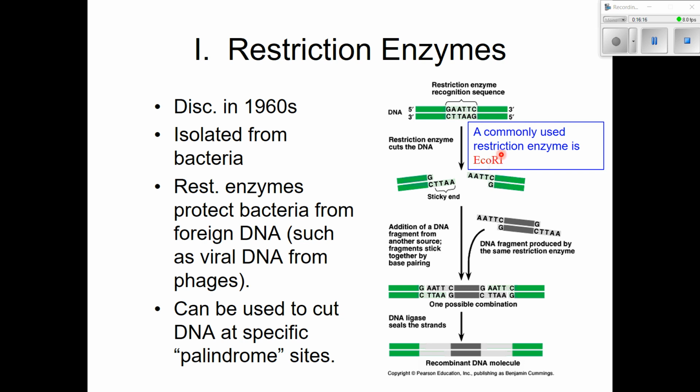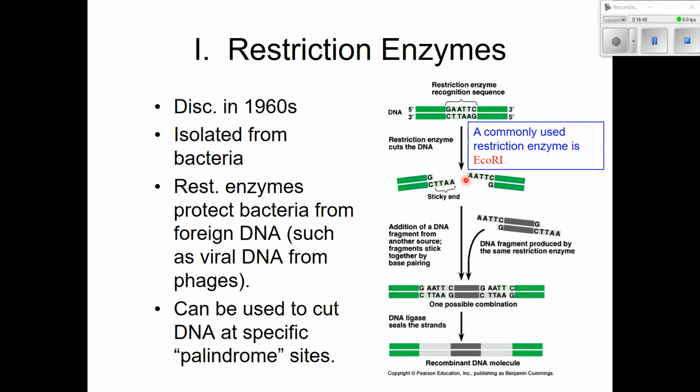And then there's a Roman numeral, and in this case it's a Roman numeral 1. So this is the first restriction enzyme ever discovered in E. coli.